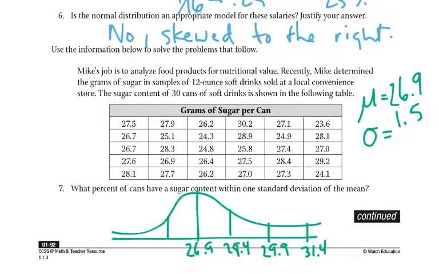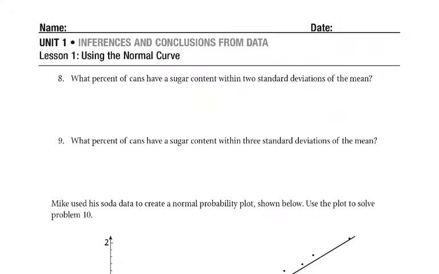Going the opposite way, 26.9 minus 1.5 would give me 25.4. Subtracting again would be 23.9, and then a third standard deviation, 22.4. Okay, so now it says percent of cans within one standard deviation, then within 2, and within 3 standard deviations of the mean.